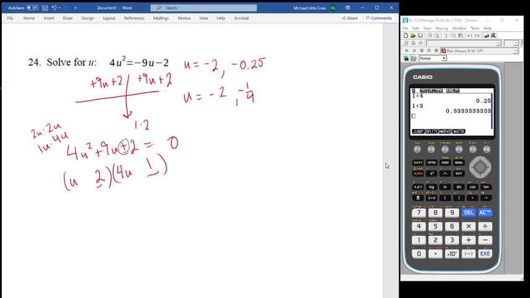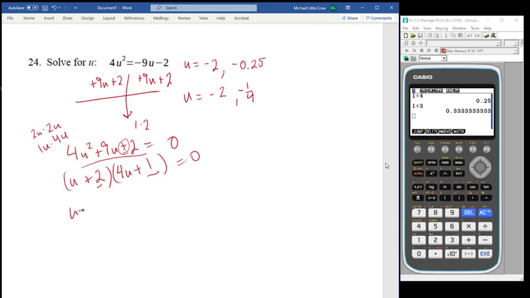And again, you could play with it, and you actually learn a lot by making mistakes. When you do it wrong and then you FOIL it out, you'll see it didn't work, but then hopefully you start to see why. That's how I learned it anyway. Both are plus because it's plus, plus, plus in the middle. And if you FOIL this out, you'll get what we started with, and that's equal to 0.